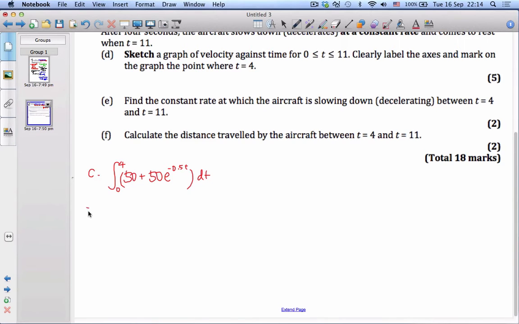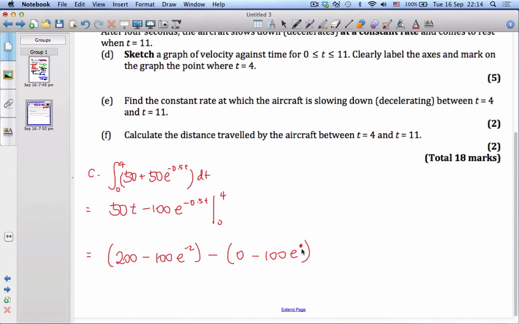First find the antiderivative, which would be 50t, and then 50, and you have to divide by negative 0.5, so negative 100 e to the negative 0.5 t, and then you're going to evaluate that from 0 to 4. If you plug that in, you get 200 minus 100 times e to the negative 2, minus 0 minus 100, because e to the 0 is 1. So it would be about 300 minus 100 e to the negative 2.